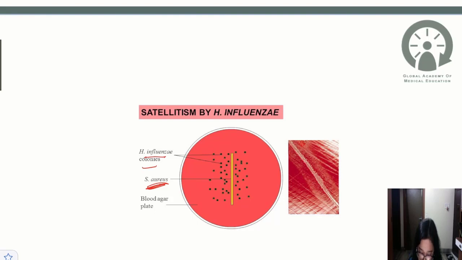The colonies which are closer to the streak of inoculation of Staphylococcus aureus show abundant growth of Haemophilus influenzae, which gradually diminishes towards the periphery. The explanation is that factor 5 is released from Staphylococcus aureus, which diffuses into the medium and aids in the growth of Haemophilus influenzae. This phenomenon is known as satellitism.